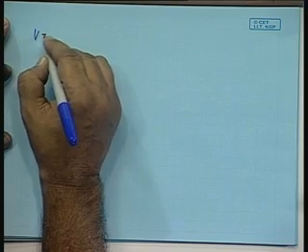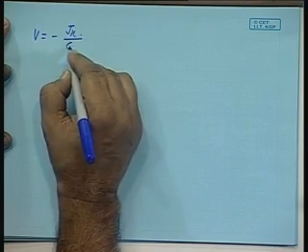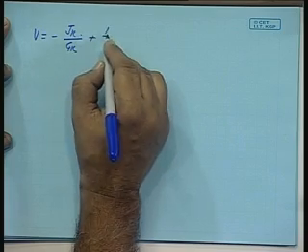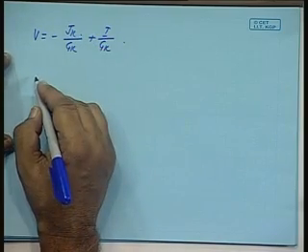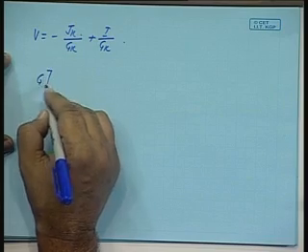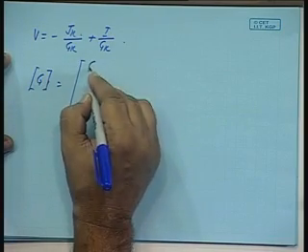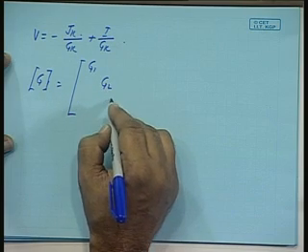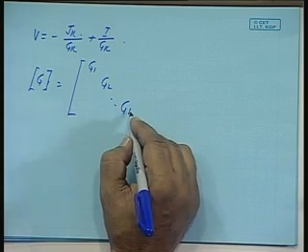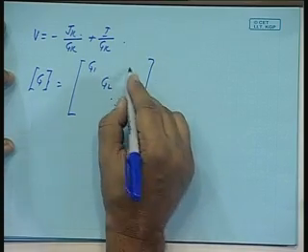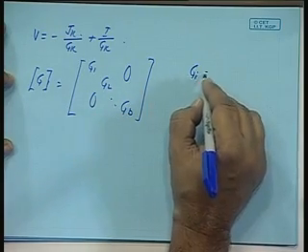Okay. So, you can convert one to the other. So, you have got V equal to minus Jk by Gk plus I by Gk. So, we define a matrix G, which will be G1, G2, Gb, where Gi is 1 by Ri.